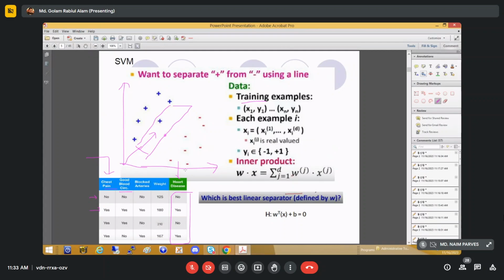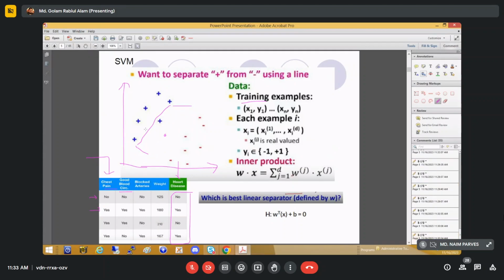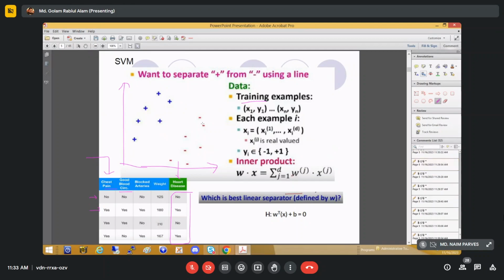So this is the concept of hyperplane, but how can we define a hyperplane? If we have 2 dimensions, then we need a line. The equation for the line is y equals mx plus c.